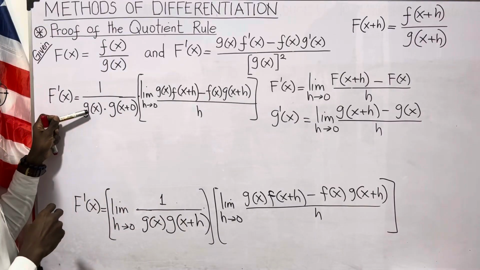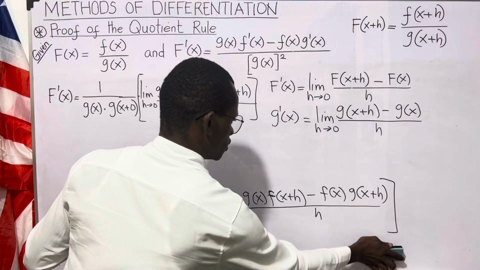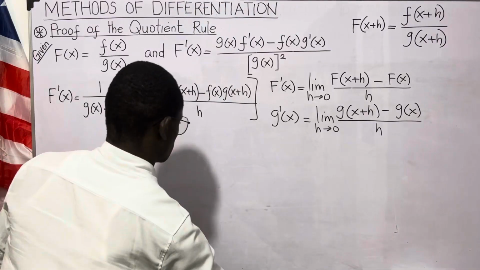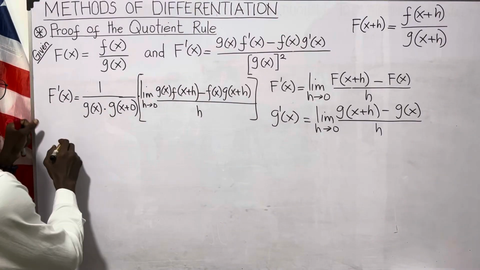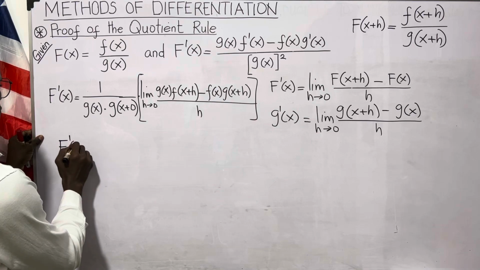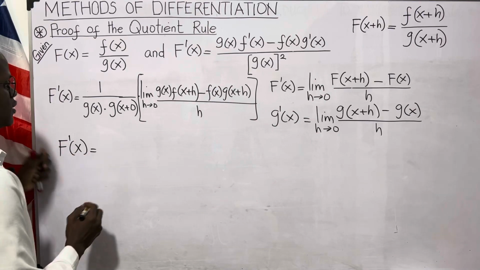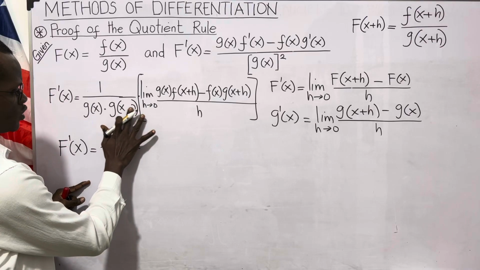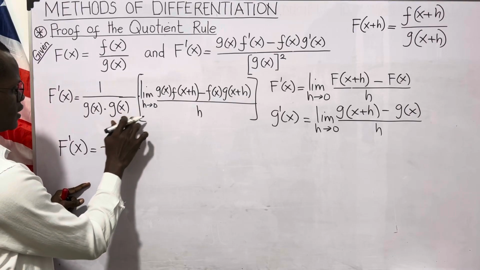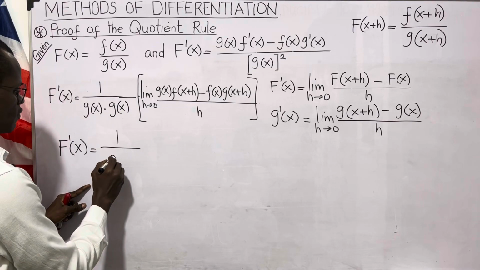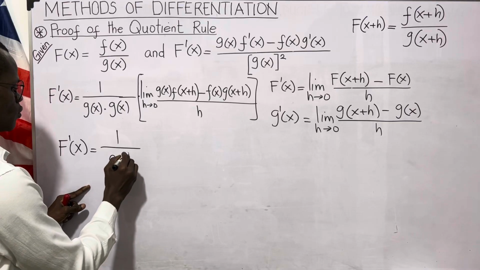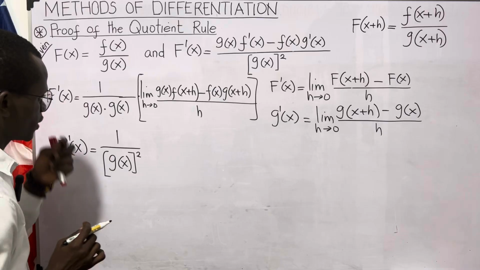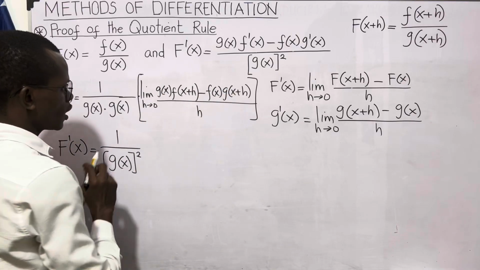Now, in this first area, f prime of x is just equal to 1 all over... if this is 0, you will just have g of x times g of x. So this will give us g of x all squared. Now, what's the next one? This is the next area now.